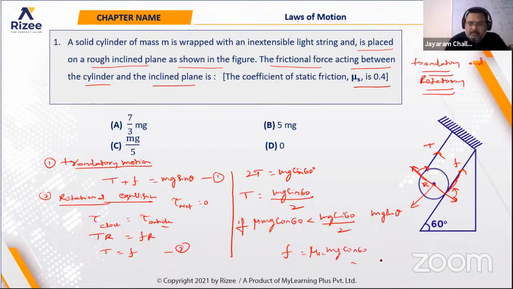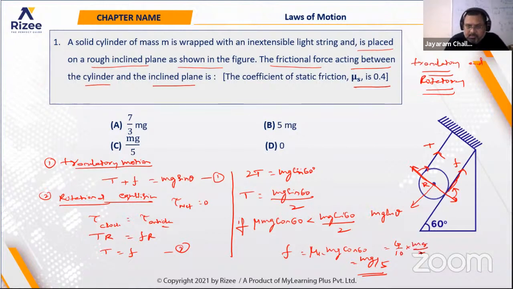On substituting all the values, this is going to be mg by 5. So 0.4, that is 4 by 10, into mg by 2.